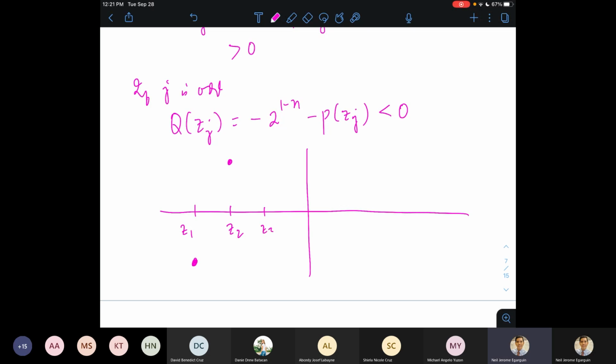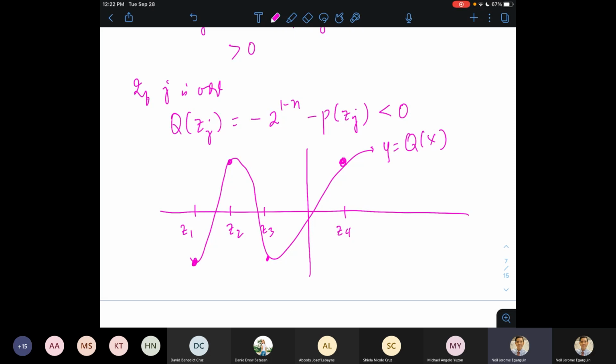Z3, negative yung value niya. Z4, positive yung value niya, and so on. So ang graph ni Q, posibleng ganito yung itsura. Alright? Because Q is a continuous function being the difference of two polynomials.